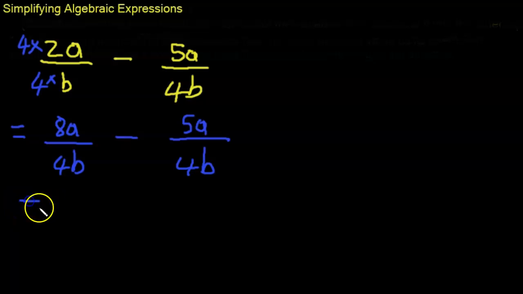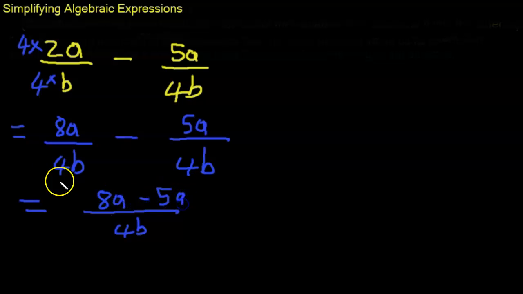Now they are the same, so we can group numerators because we have one common denominator. So this is 8a minus 5a. So our final answer is 8a minus 5a, that's 3a over 4b. And that's our solution.